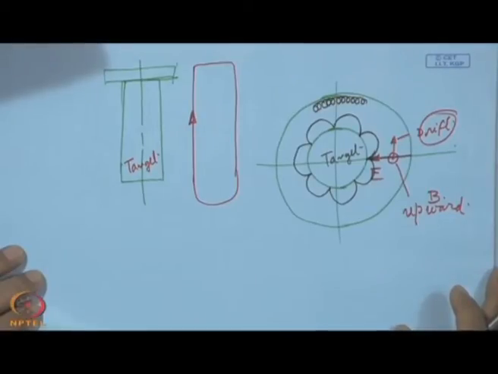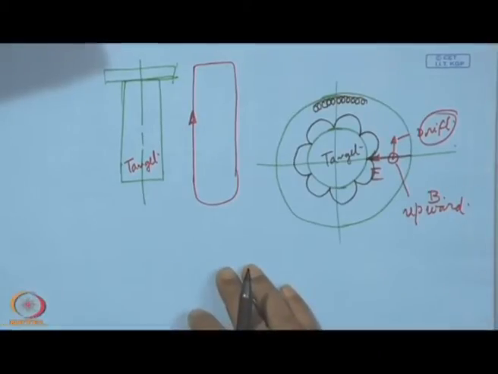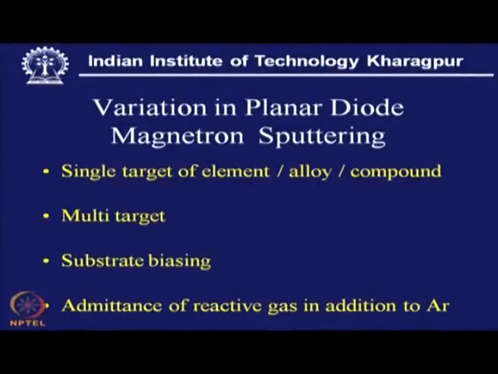With that, we can also have a look at the variations of planar diode magnetron sputtering. That means a normal non-magnetron planar diode system can be converted into a magnetron sputtering system, keeping all the basic features without deviating from them.